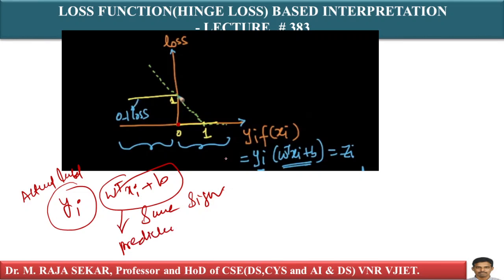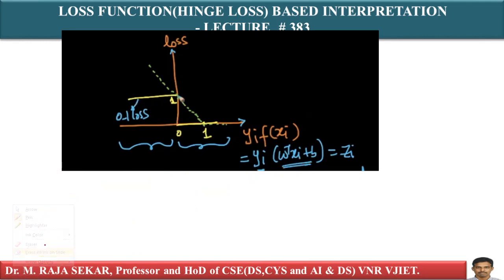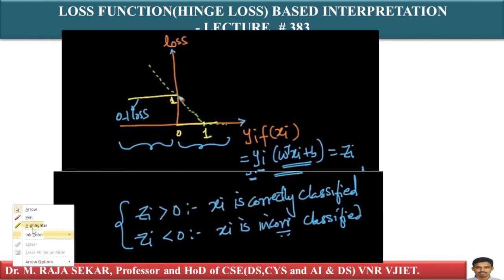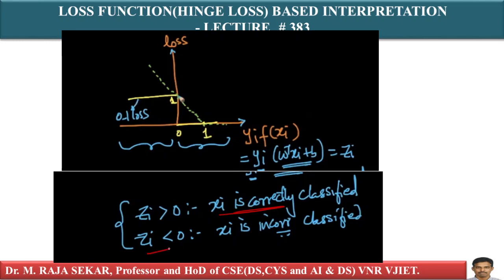If both are positive, the product will be positive. If both are negative, the product will be positive. If your actual label is the same as your predicted label, the point is correctly classified. So if Zi is greater than 0, xi is correctly classified. When Zi is less than 0, xi is incorrectly classified.